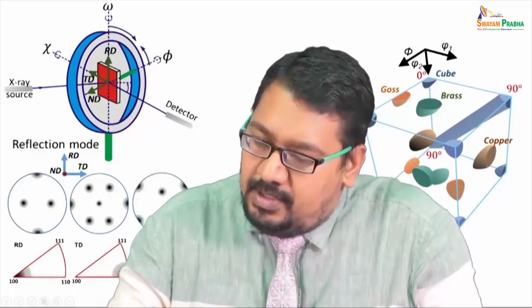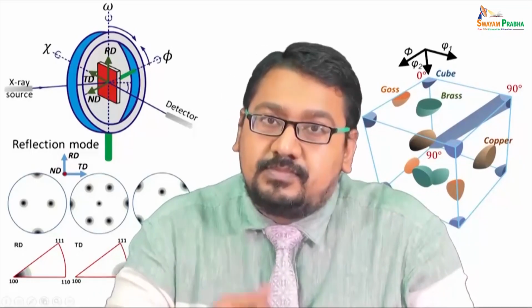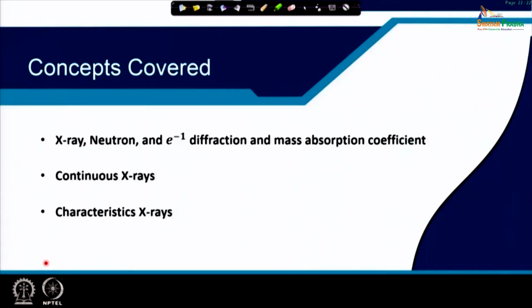So, good afternoon everyone, and today we will continue with module number 5, that is principle of texture measurements by X-ray diffraction. So, this is lecture number 23, in which we will try to understand the penetration depth of X-rays, neutrons and electrons at a more fundamental level, and then we will go to the basics of X-ray generation.